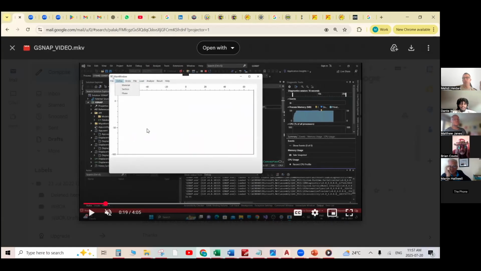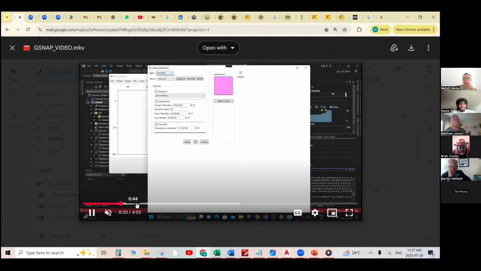What I was trying to do is to also incorporate different phases of, for instance, excavations. On the material side and section side, with material we can go with different types of parameters and models.